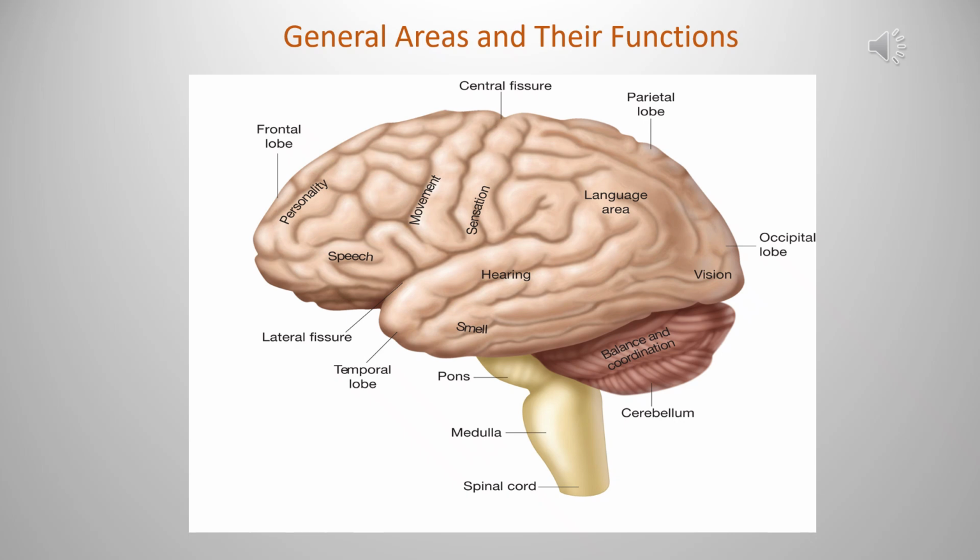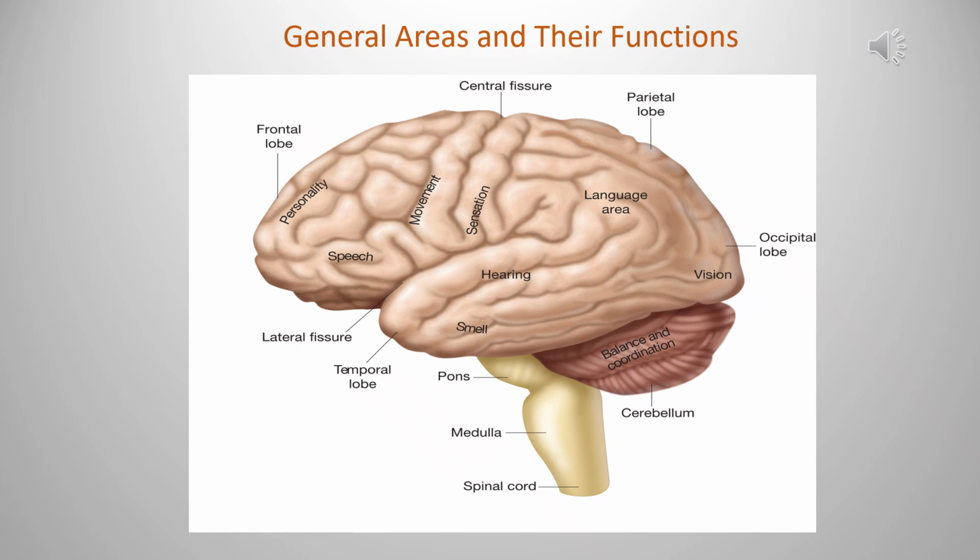Perhaps they have had an arm or a leg amputated. They are not even aware that the limb is gone. So those are things of perception. Parietal lobe functions are about perceiving the environment. That's why we have the sensory cortex there in the parietal lobe.